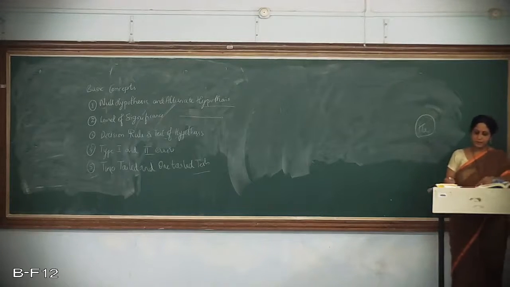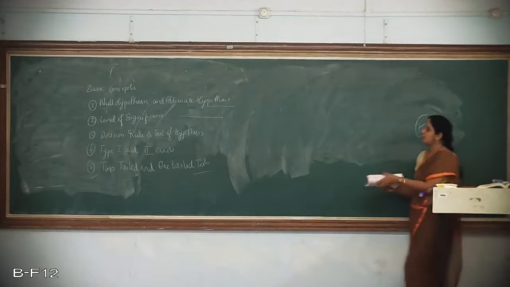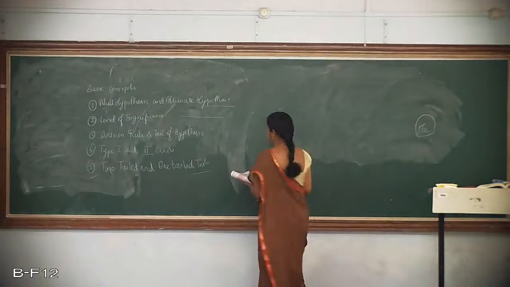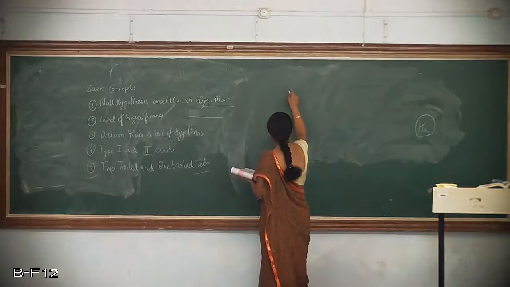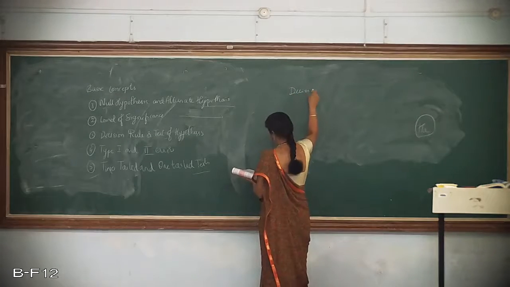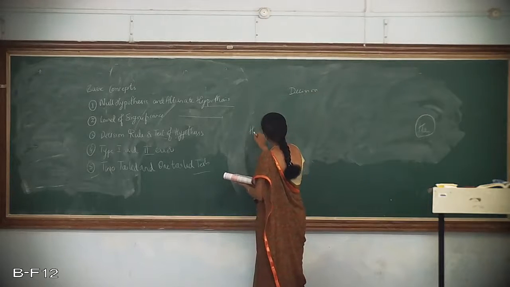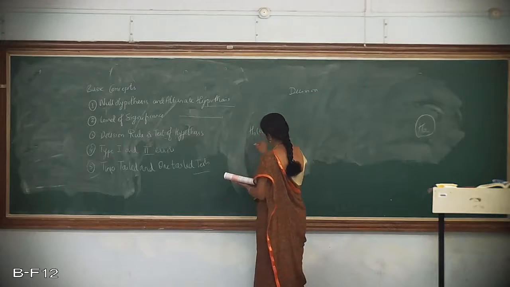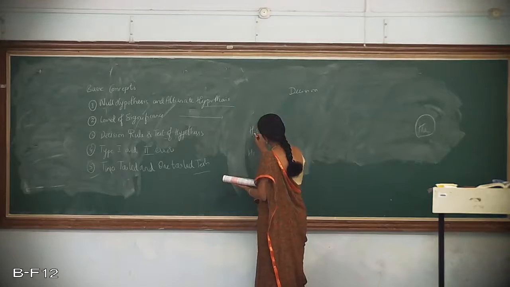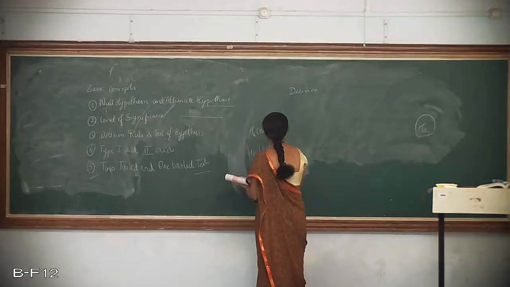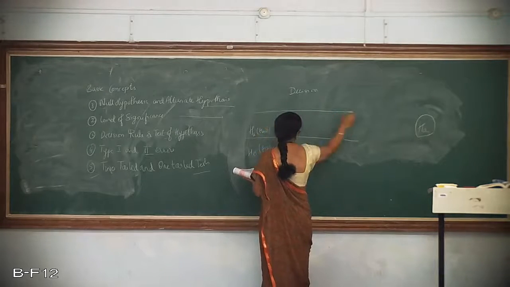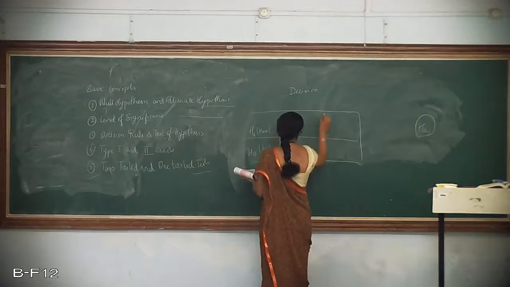Then when we come to type 1 and type 2 error, I will just write down the decision here with respect to type 1 and type 2 error. So these are the basic concepts part of analysis. If there is a decision that needs to be taken where HA is false, this decides the type 1 and type 2 error.